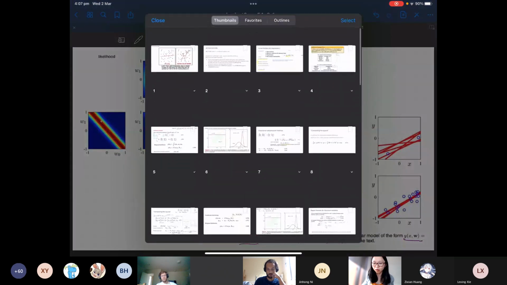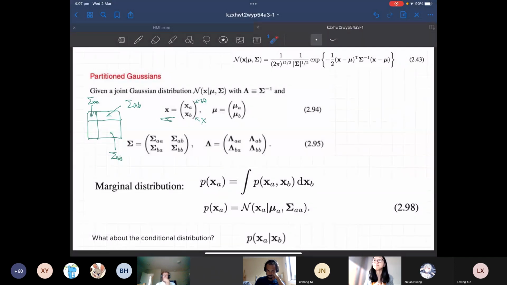Let me go back to this slide. So mu of A. It basically says if I have a long vector, and I denote mu of A as the mean of the first chunk, it is also the mean of the marginal distribution, which should not be assumed in general, but it is true for Gaussians, no matter what the covariance is.